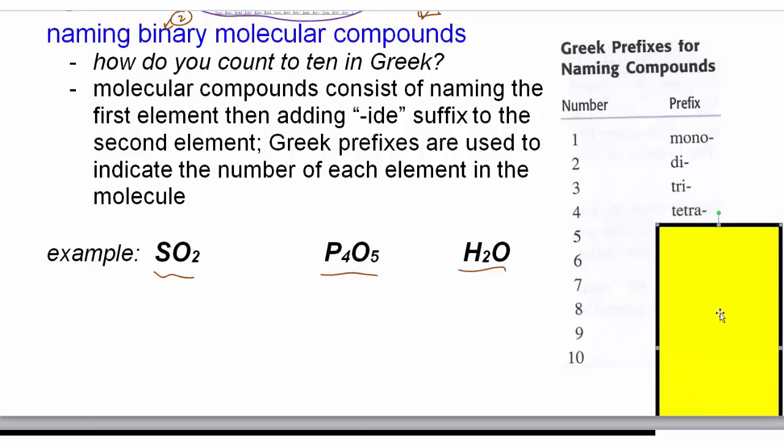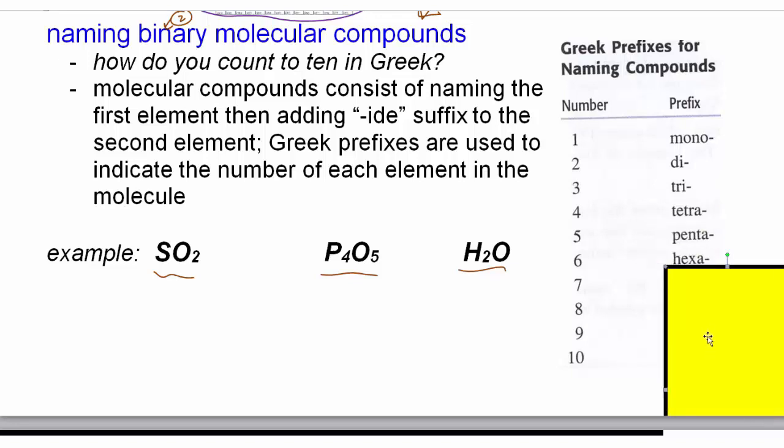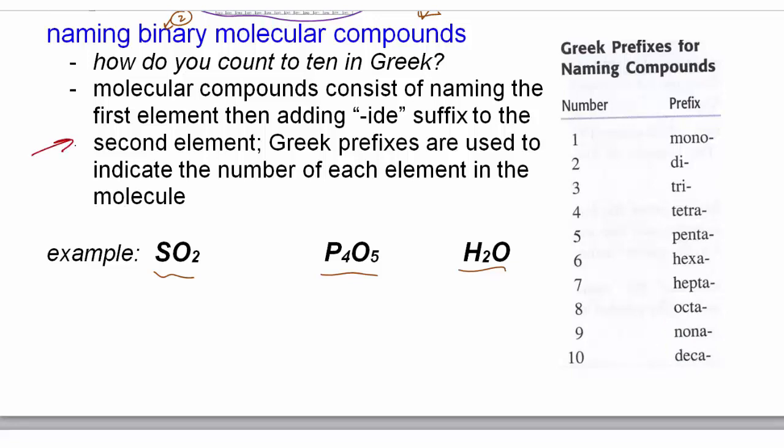How about 5? Remember your geometry? Penta. 6, hexa. 7, hepta. 8, octa. 9, nona. And 10 is deca.